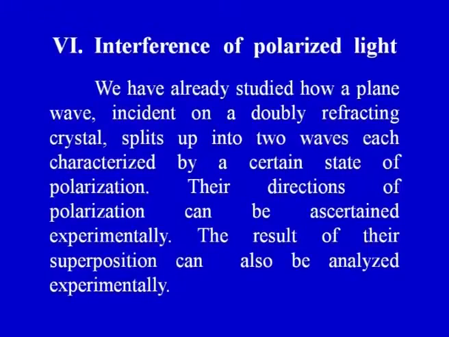Interference of polarized light. We have already studied how a plane wave incident on a doubly refracting crystal splits up into two waves within the crystal, each characterized by a certain state of polarization. Their directions of polarization can be ascertained experimentally. The result of their superposition can also be analyzed experimentally.